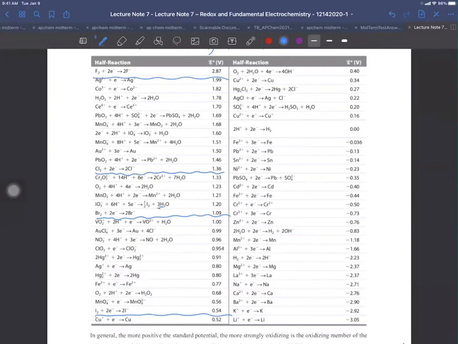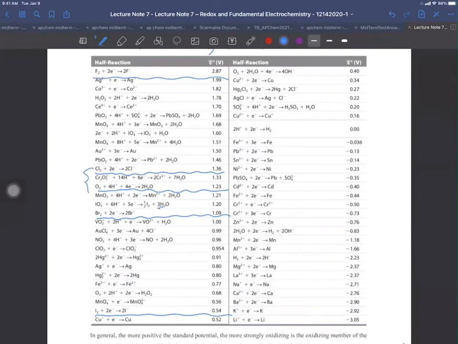This trend is similar to the electron activity and also consistent with the first ionization energy. And then let's have a look at where water is. So water is here. You see water is comparable with the chlorine gas.